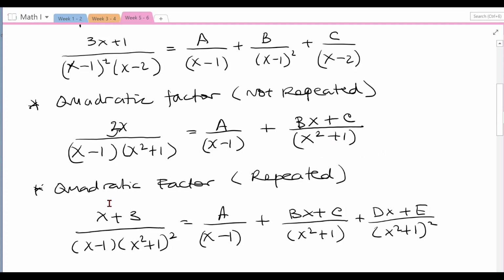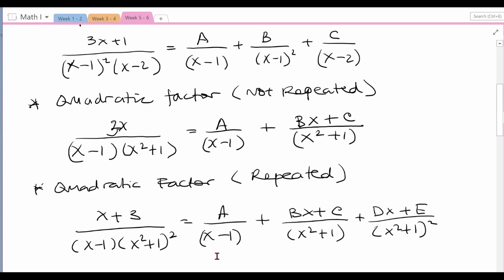And then number 4 is the quadratic factor that contains a repeated factor. So in here we have (x plus 3) over (x minus 1) times (x squared plus 1) in brackets, squared. So we have a quadratic factor in the bottom, and the denominator is also repeated. So in that case we have to decompose into A over x minus 1, which is that one here, plus (Bx plus C), because the first quadratic factor is x squared plus 1.